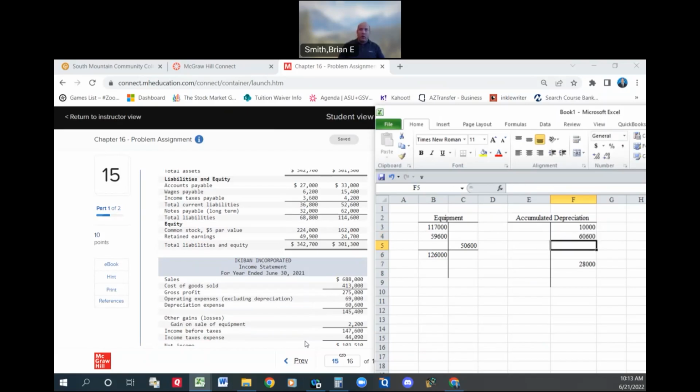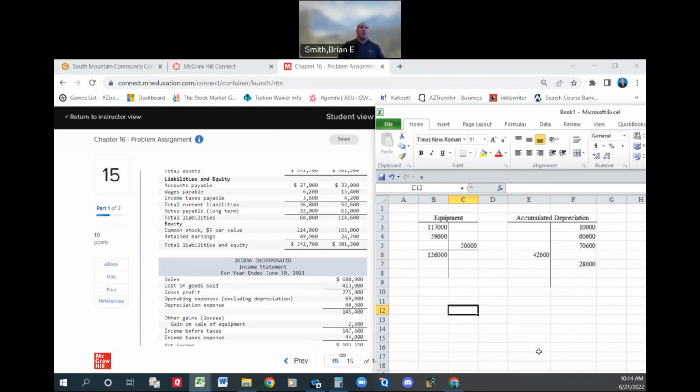Okay, there it is. So what accumulated depreciation did we have to get rid of to get to $28,000? So we're going to take ending balance. Hold on. Let's do a subtotal here just to make it easier. Okay, so we need to come over here. We need to take this minus this. So we had to get rid of $42,600 in accumulated depreciation on that sale of equipment.